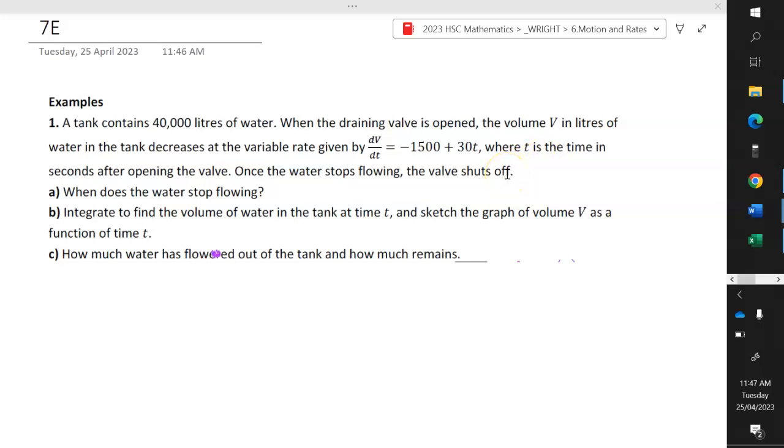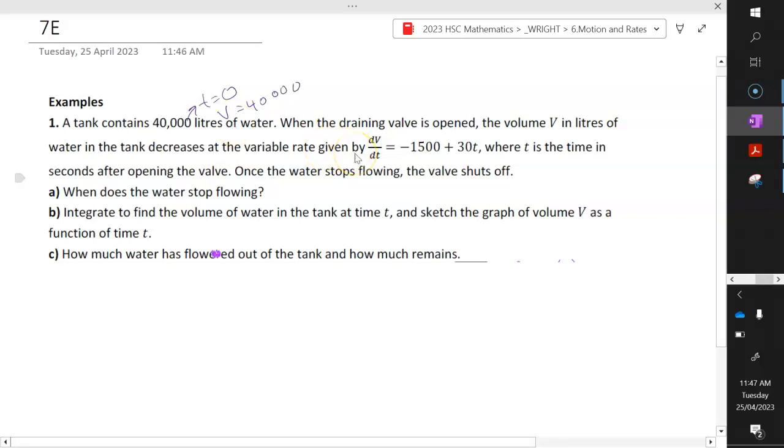So we need to think what's happening here. Okay, so initially at time 0, we have 40,000 litres in our tank of volume. That's what we have initially. We then release the plug at the bottom of the tank and the water starts flowing out.